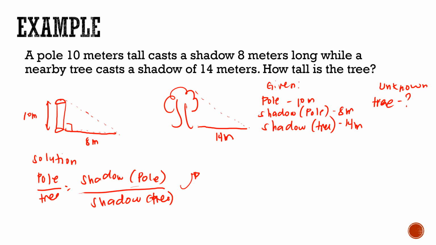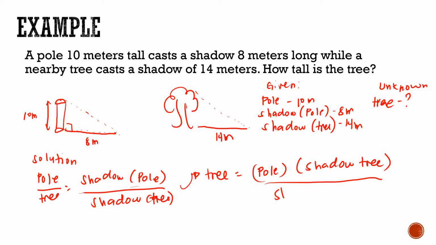So to get the height of the tree, that will become h is equal to the height of the pole times the shadow of the tree, divided by the shadow cast by the pole.